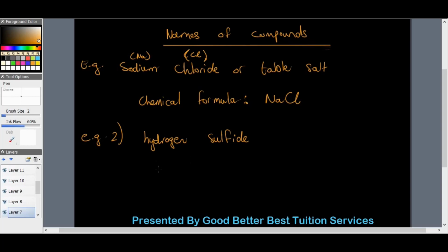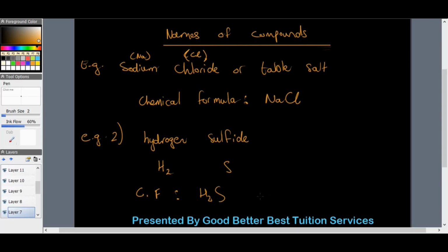So we have hydrogen, which is H, and sulfur, which is S. But the chemical formula for it would be, because hydrogen cannot exist on its own, H2. So the chemical formula, which I would nickname CF, would be H2S. And so on and so forth.